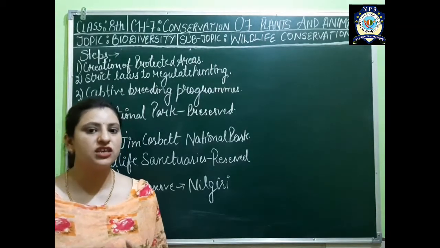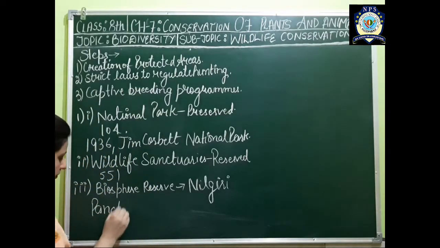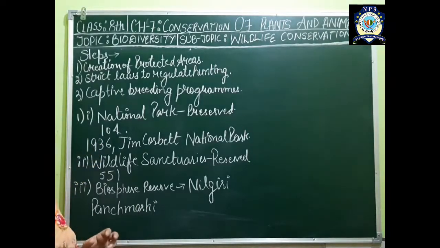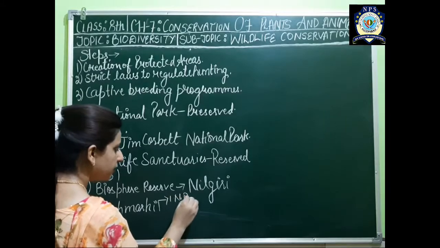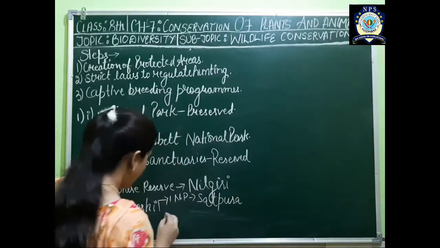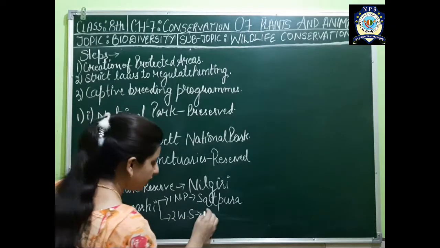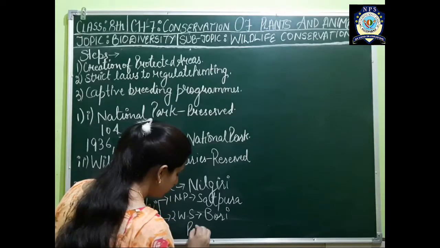If I go for an example, the Pachmarhi Biosphere Reserve has one national park, Satpura, and two wildlife sanctuaries, Bori and Pachmarhi.